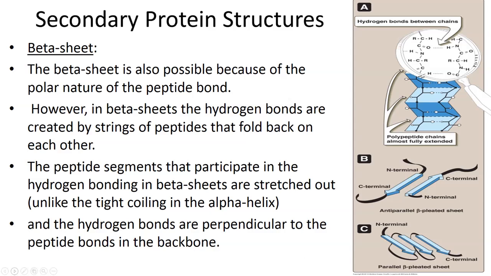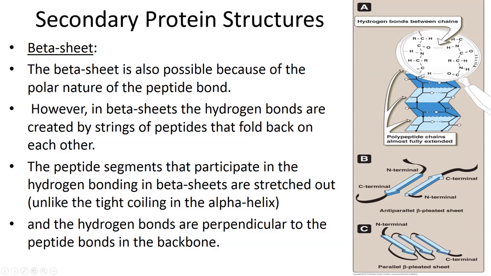Once again, we're using the polar nature of the peptide bond in this case. So we're actually using both the partial negative charge on the oxygen on one peptide bond with the partial positive charge on a hydrogen on another peptide bond coming together. Okay, but in this example, what we have are strings of peptides folding back on each other.